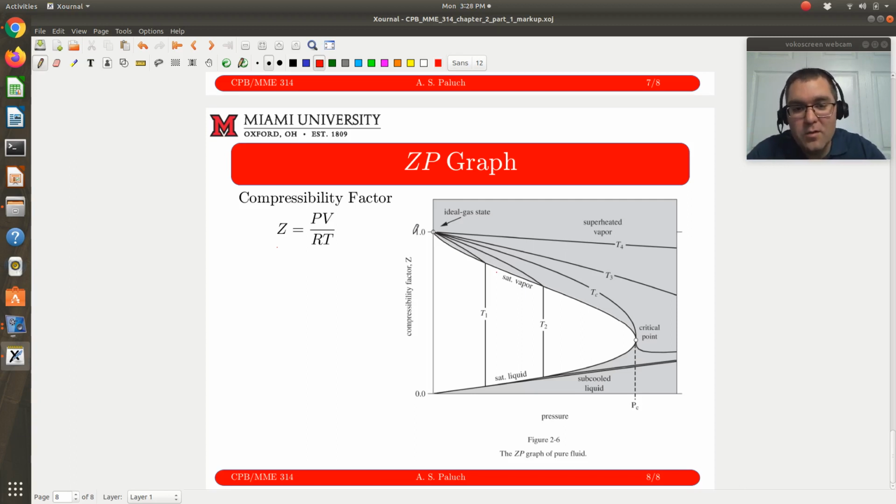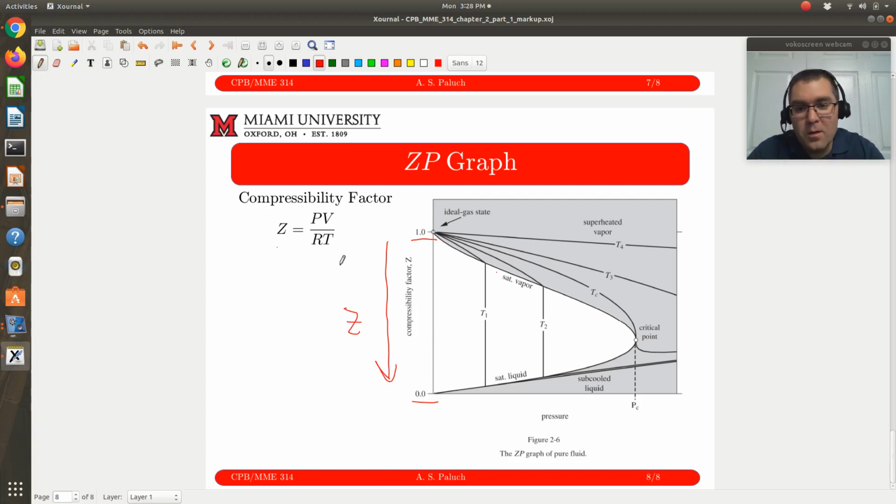Now the top lobe of this dome is going to correspond to my saturated vapor. The bottom region of this dome is going to correspond to my saturated liquid. How do I know? Well, here I have a compressibility of 1, here I have a compressibility of 0. So this is decreasing Z. Higher Z is going to correspond to your vapor. Lower Z is going to correspond to your liquid.